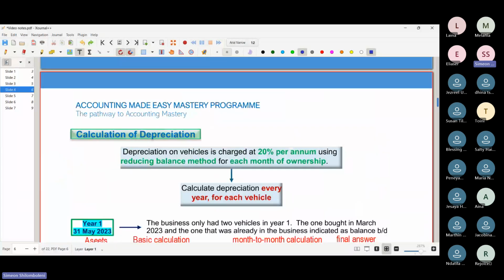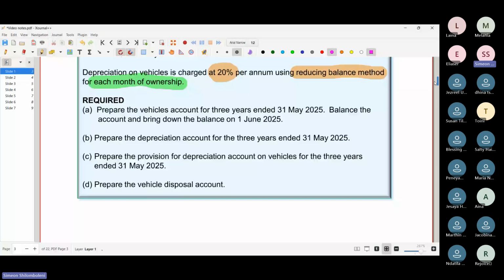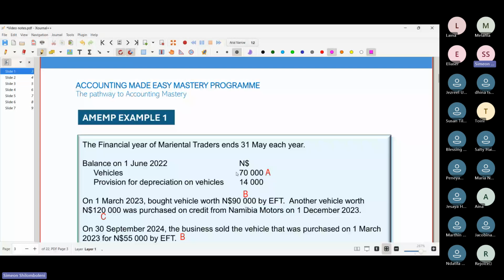That is how we calculate the reducing balance method. Cost price minus provision for depreciation. So what is the provision for depreciation for asset 1? Remember, every asset you do it on its own. So now we are only dealing with the one of the balance. This is the cost price, 70,000 minus 14,000.